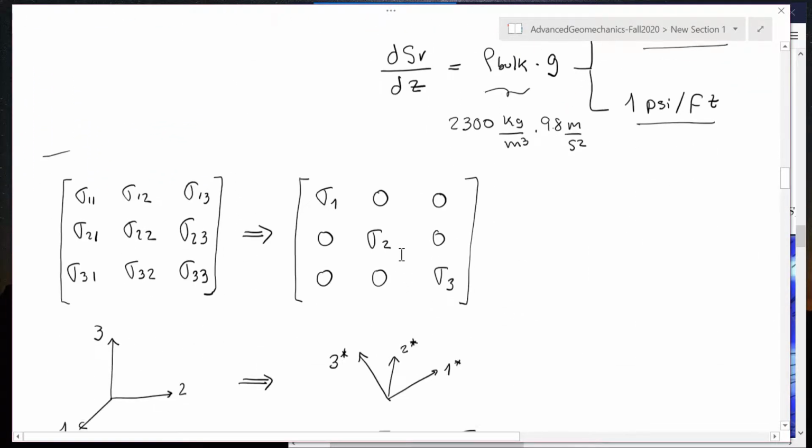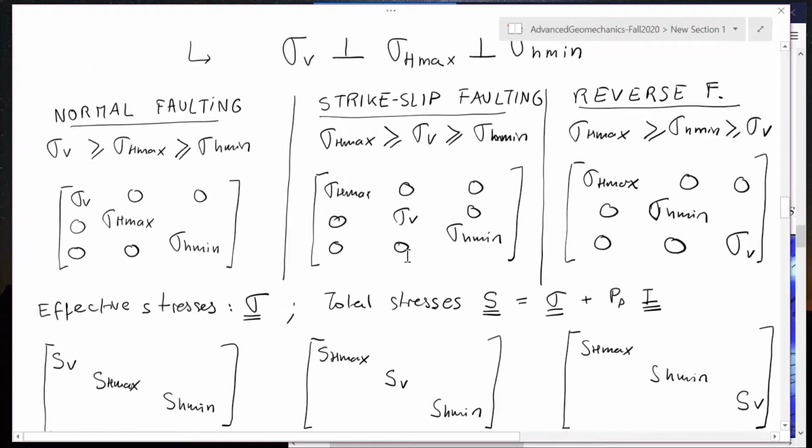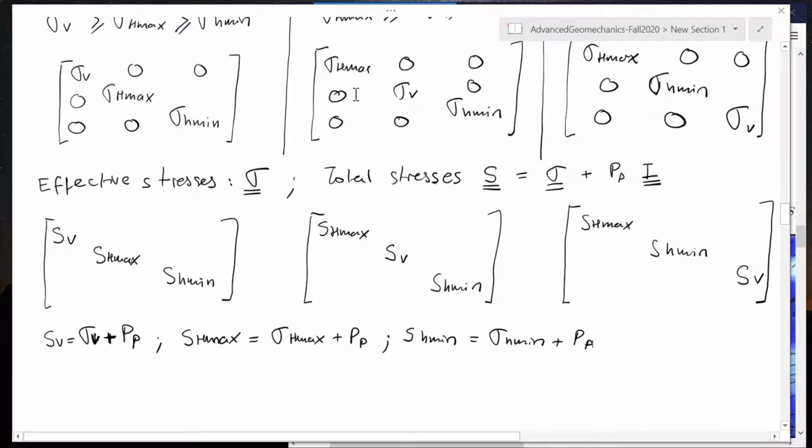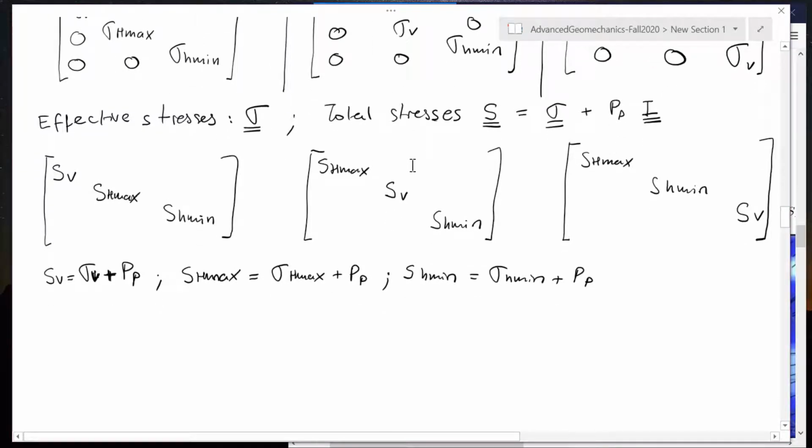This is a total stress, and we denote it with S, and effective stresses are going to be denoted with sigma. All right, so let's see why this classification is now important.